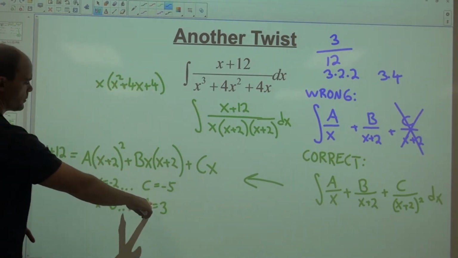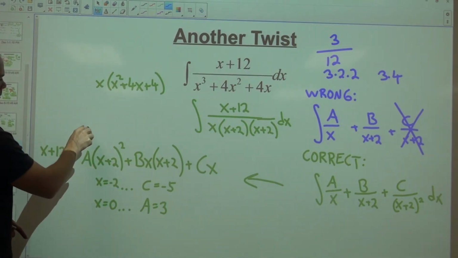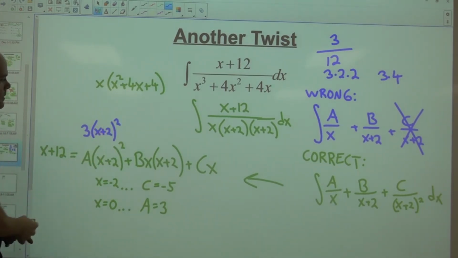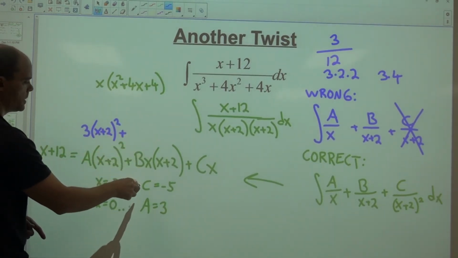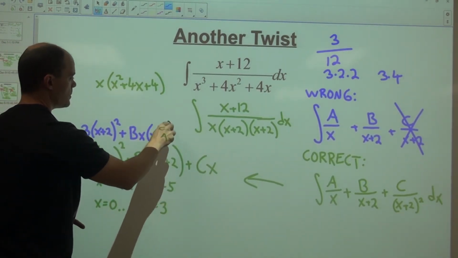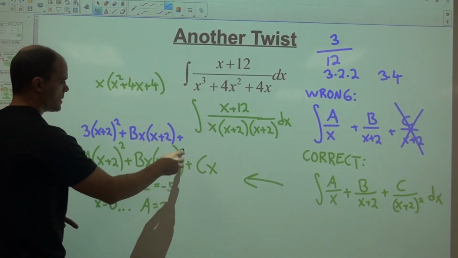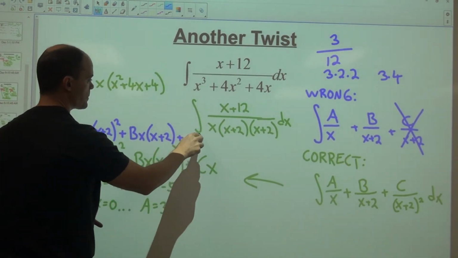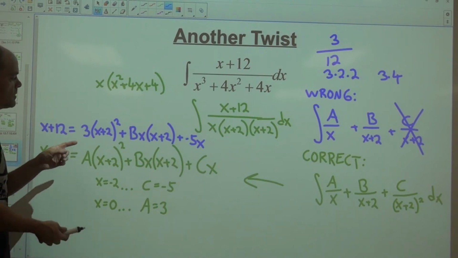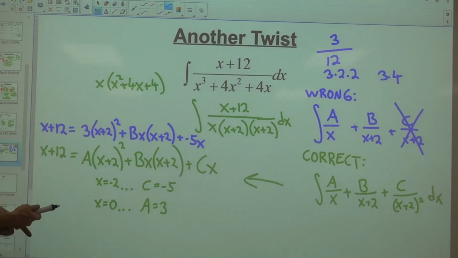If I plug 3 in for a, I'm going to have 3 times x plus 2 squared plus b, I don't know that, that's what I'm trying to find, plus, well this is a negative 5x equals x plus 12. Well, this is an equation I can actually solve. Is this tedious? It's just an algebra equation. If we started class with this, you'd be wishing you could do simple algebra like this, right?